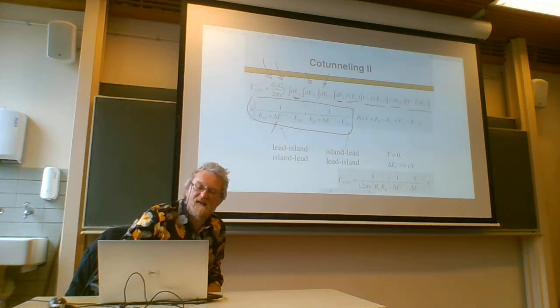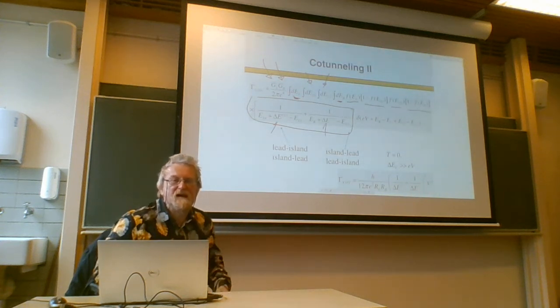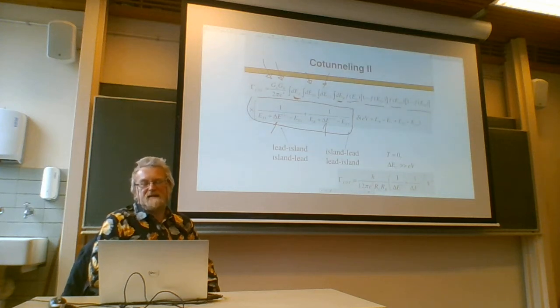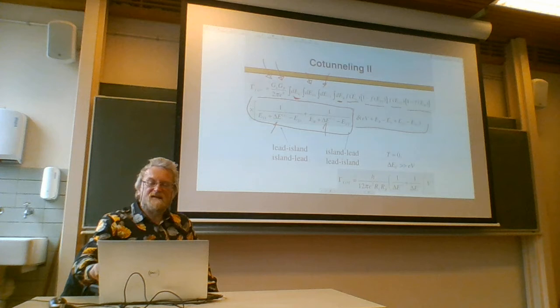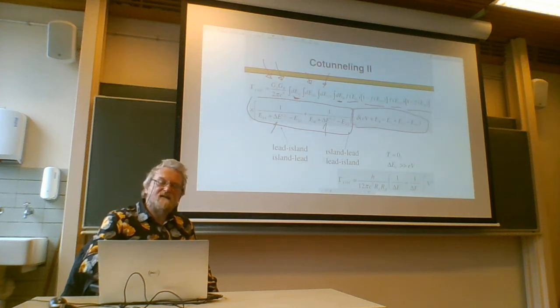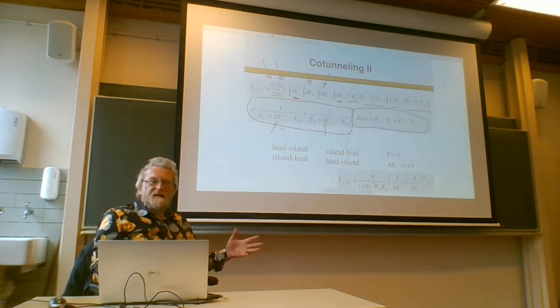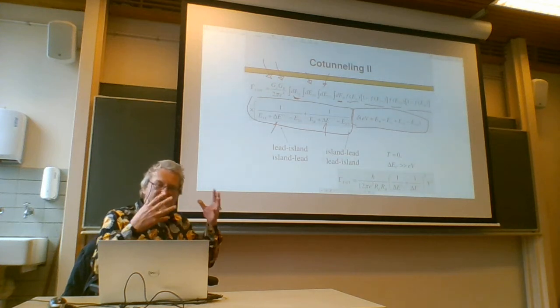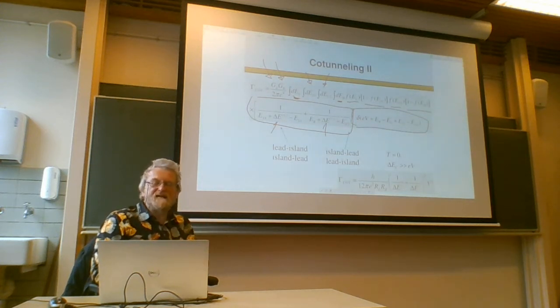It contains charge and energy. There are two virtual states, with plus charge and minus charge. And there's energy conservation as I described. So co-tunneling, being a complex process, still can be expressed through conductances, through charge and energy.